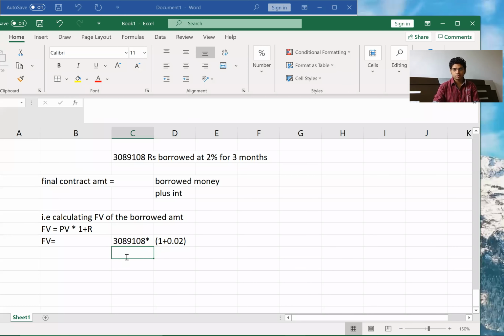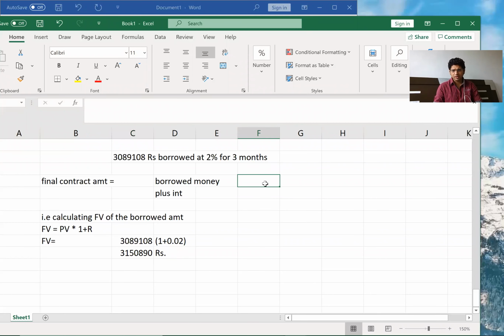So future value equals this amount into this amount, which is 3,150,890 rupees, my final amount.